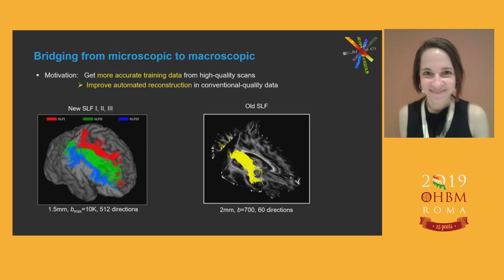And what you see here on the left is a nice delineation of the three components of the SLF using the B equals 10,000 MGH human connectome data versus the SLF that we would get from the kinds of data that we were able to collect 10 years ago, where we see mostly the SLF3. So the question is whether we can train algorithms on the nice data on the left to reconstruct the SLF much better in the kinds of routine quality data like the one that you see on the right.